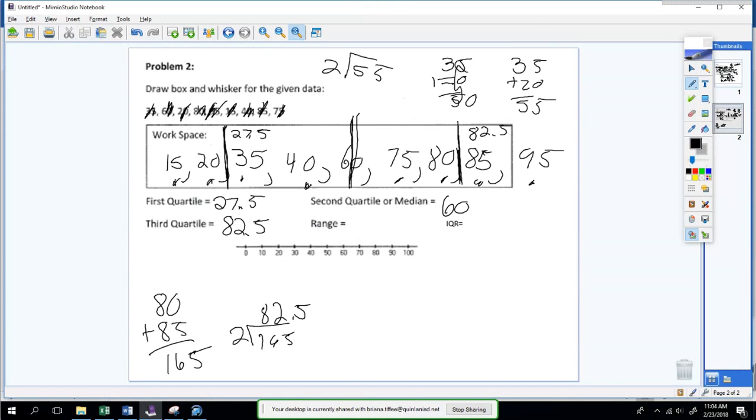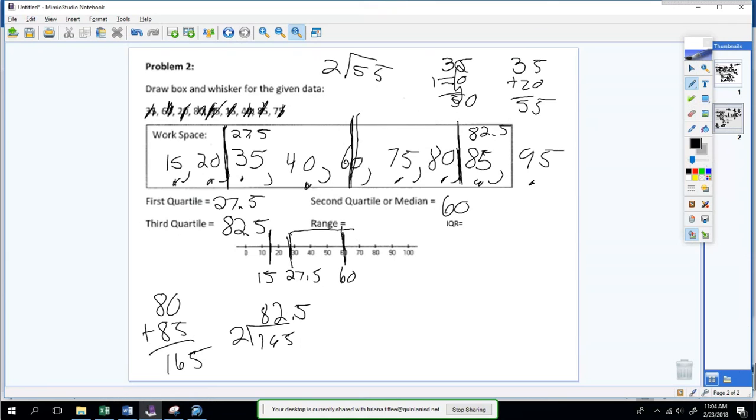Okay, so now let's draw our box and whisker plot. The first thing I'm going to do is put my minimum down. My minimum is 15, so it's going to go in between here. My first quartile is 27.5, so it's going to go about right here. And my median is 60, so it'll be right here.